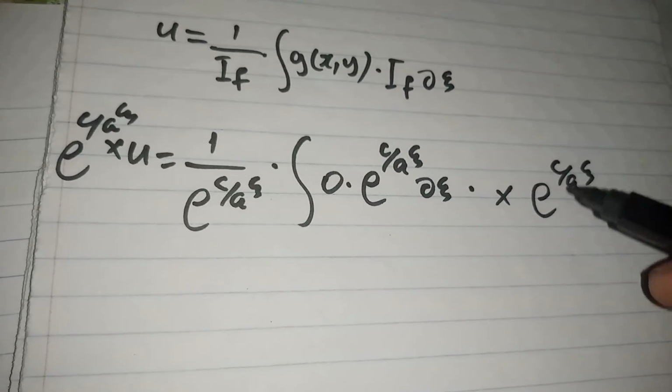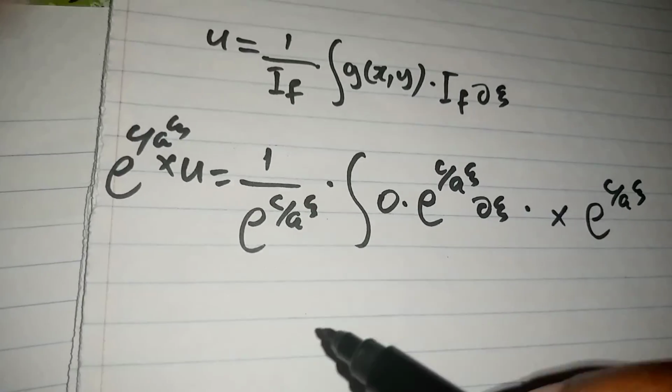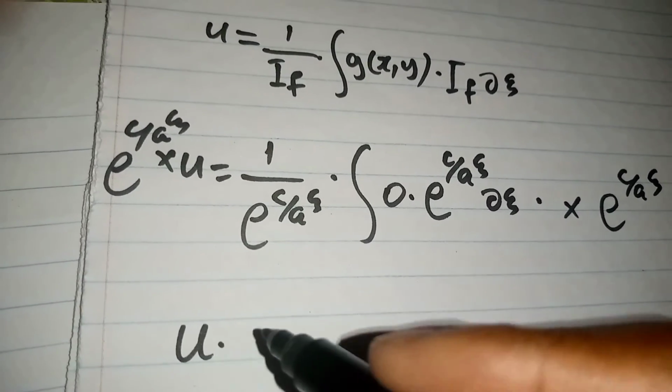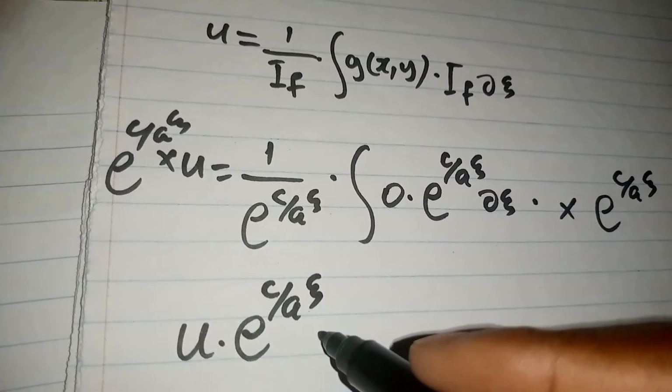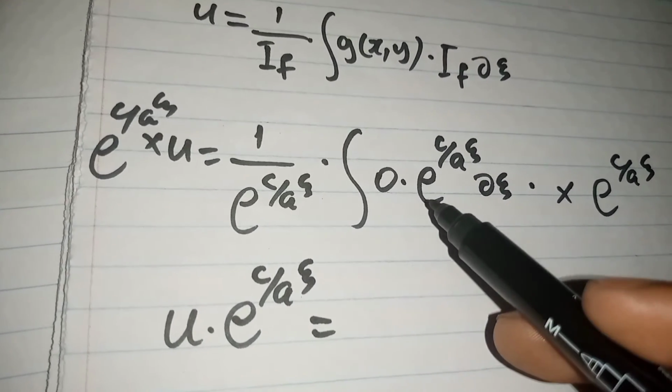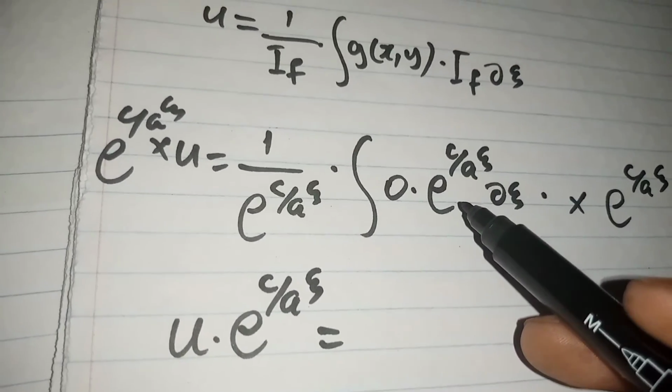So we obtain u times exponential c over a xi being equal to 0 times exponential c over a xi, which is 0.